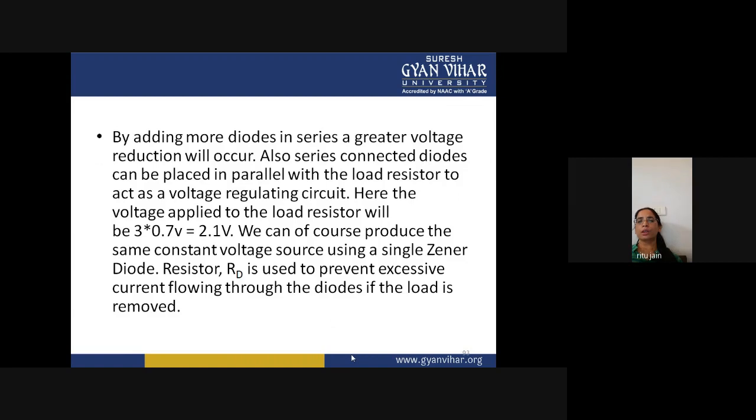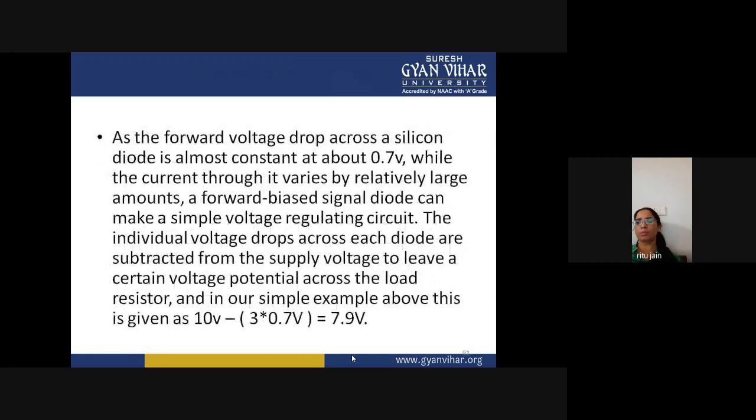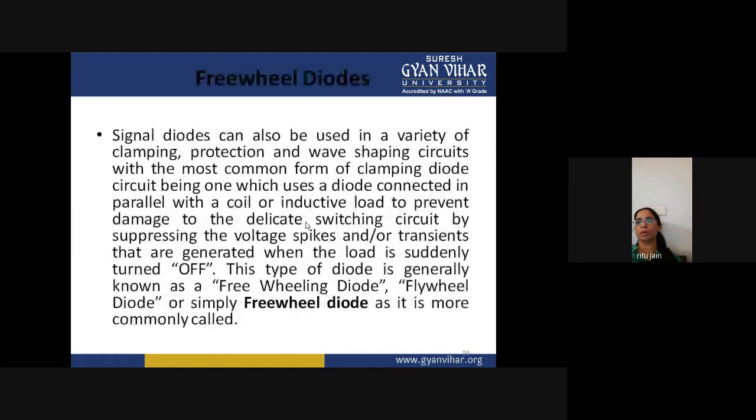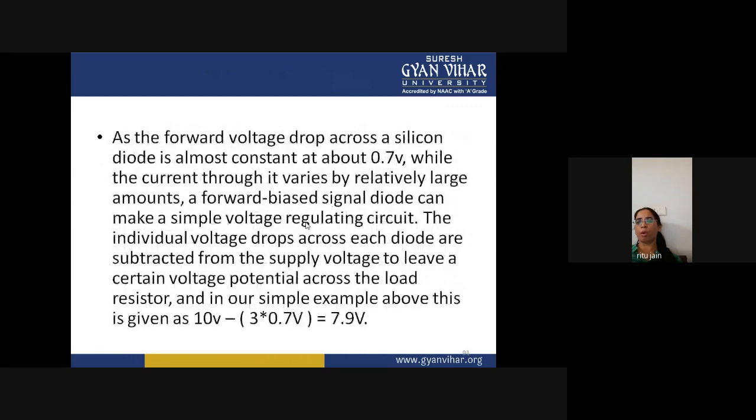Resistance RD is used to prevent excessive current flowing through the Zener diode if the load is removed. You can check in this diagram that we are using one resistance, which is used for removing the extra burden on the diode.